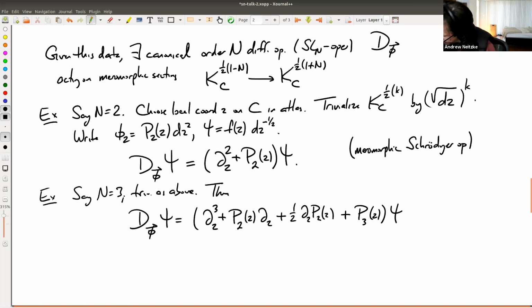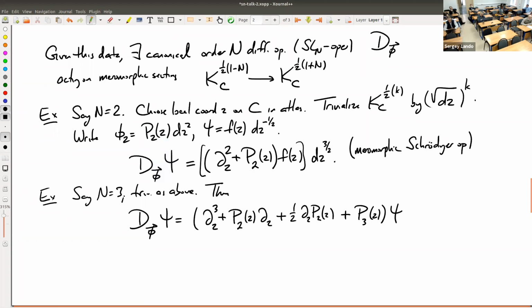And then the equation would be d phi of psi. The way that you get it is to apply this operator to the function f of z, and then multiply the whole thing by dz to the 3/2. Does that answer your question? Yeah. Okay, and a similar thing for this n equals 3 example.